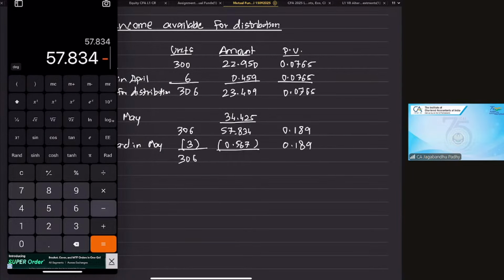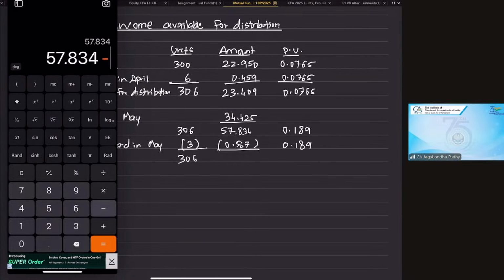So this is now income available for distribution by end of May. So it would be 303 units.